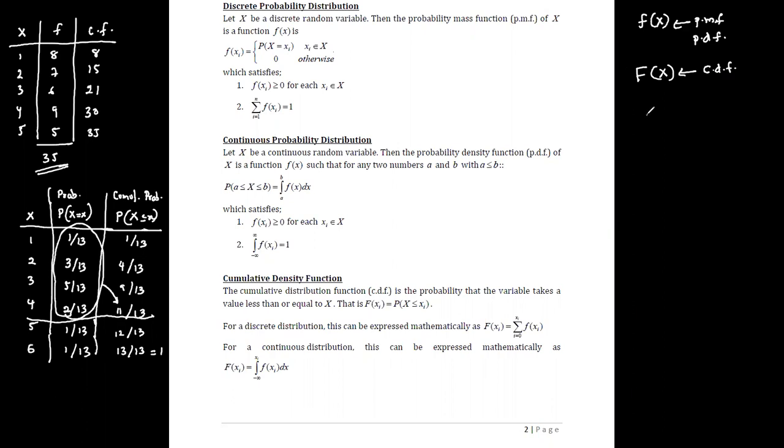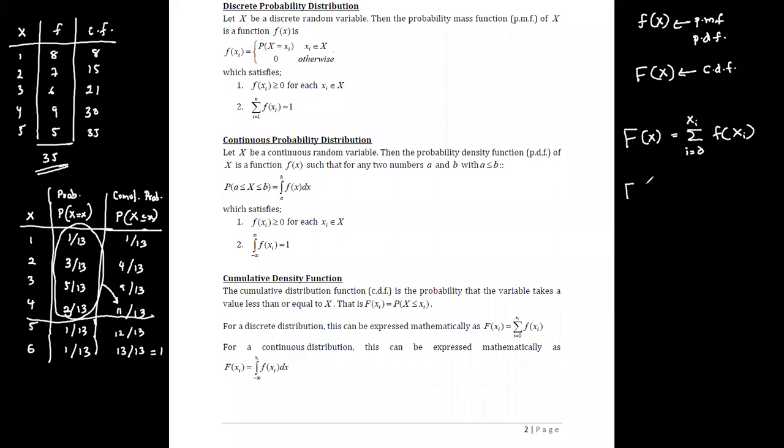Therefore, we can simply say for the discrete case, we can define F of x as the summation, i goes from 0 to x_i, of f of x_i.